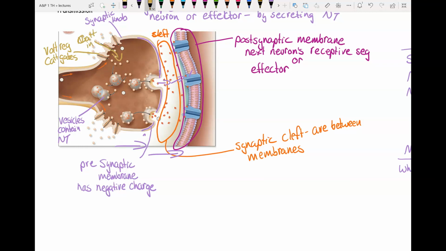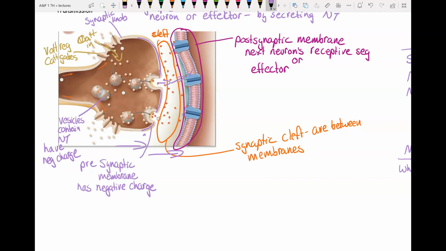These vesicles have a negative charge. So remember when I said that it would be important that the presynaptic membrane has a negative charge? This is where that comes in.